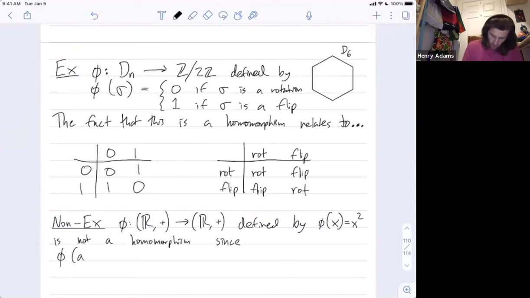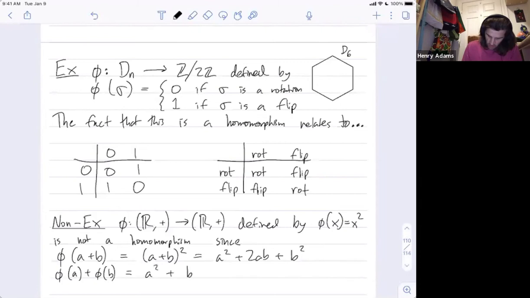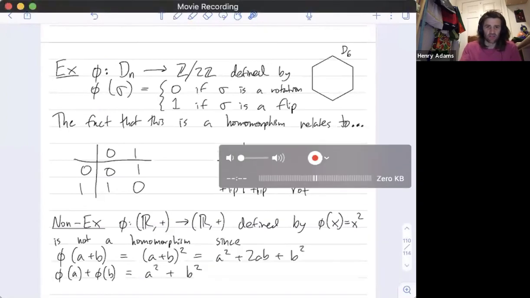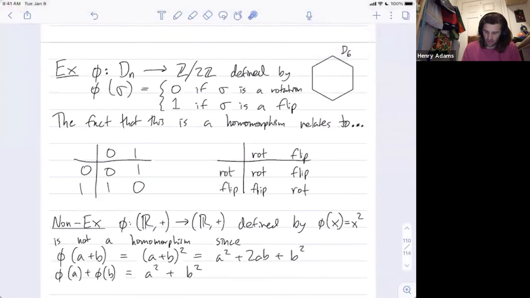To be a homomorphism, I would always need that phi of a plus b is equal to phi of a plus phi of b. But these are not always going to be the same. Phi of a plus b is (a plus b) squared, which is a squared plus 2ab plus b squared, whereas phi of a plus phi of b is just a squared plus b squared. So as long as neither a nor b is 0, these are going to be different.